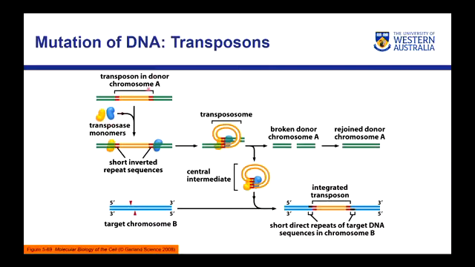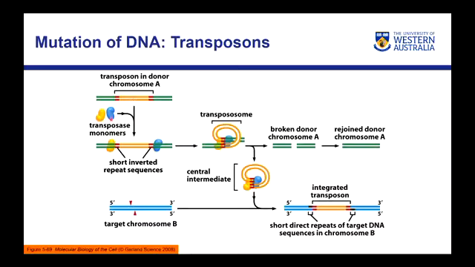And the transposon encodes for proteins such as these transposase monomers. And these transposase monomers are what help this transposon jump from one chromosome to another.